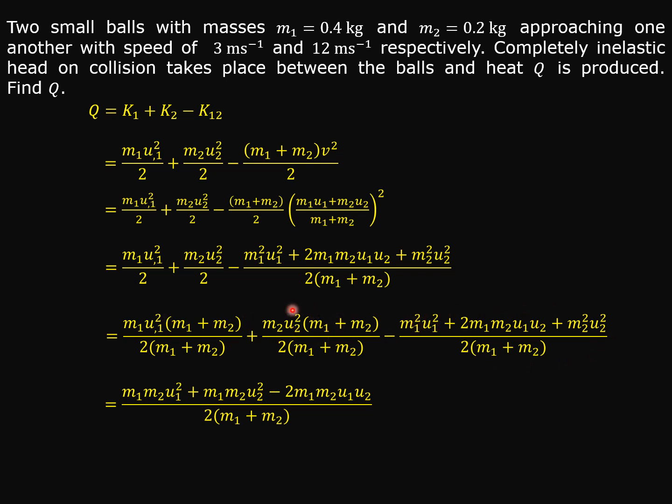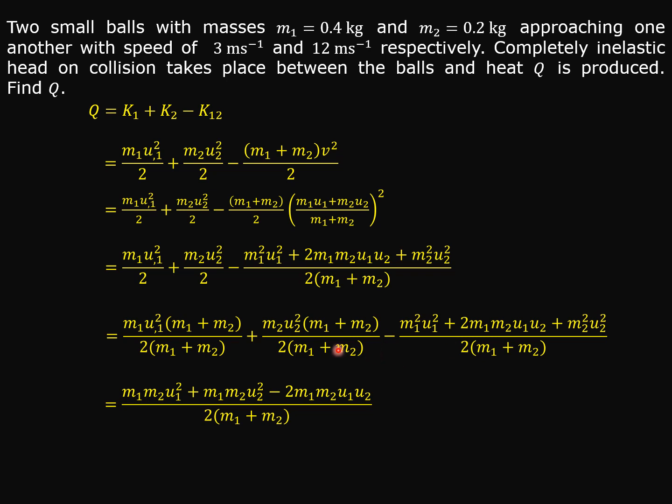And then the second numerator of the second term, m2 squared times u2 squared, would be cancelled with the third numerator of the third term, m2 squared u2 squared, because of the minus sign here.